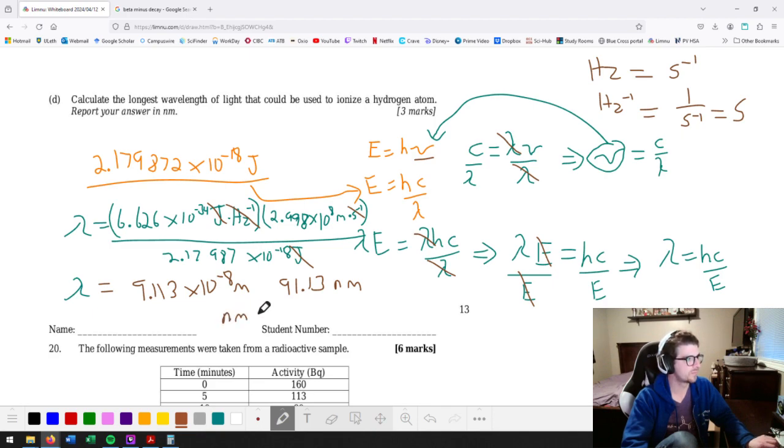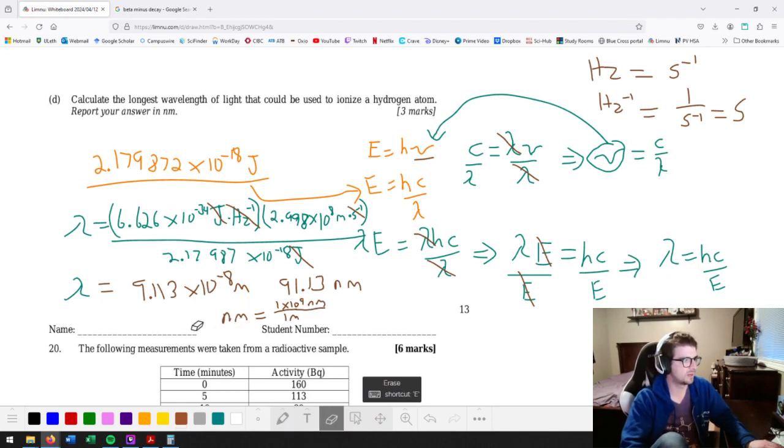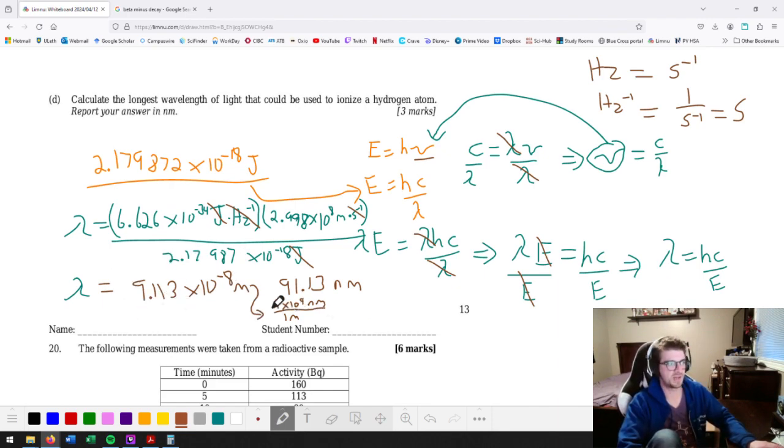Nanometers equals 1 meter over 1 times 10 to the 9 nanometers. So I don't know why I put that there. That's silly. It doesn't belong. So basically, I could say this many meters times 1 times 10 to the 9 nanometers over a meter. The meters will cancel, and then the units that we're left with are nanometers.